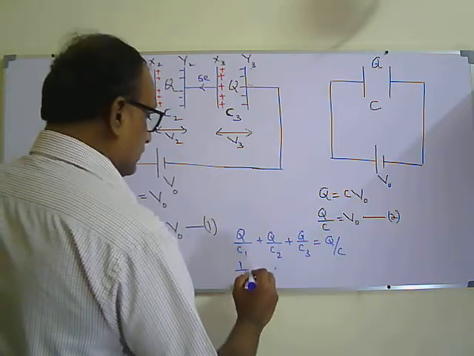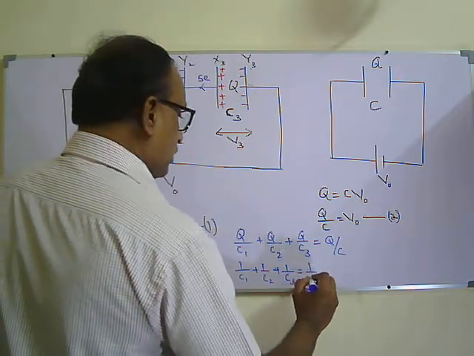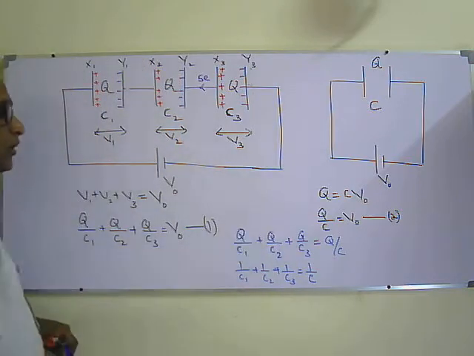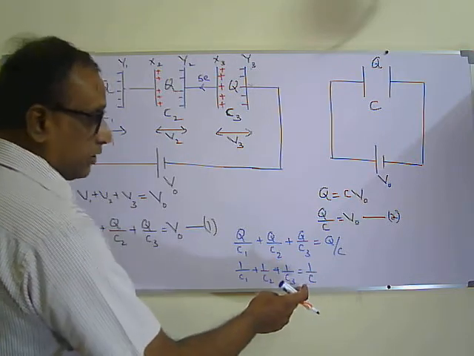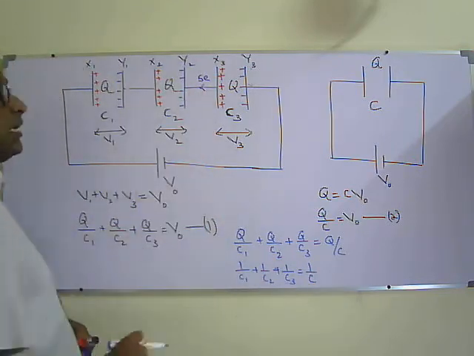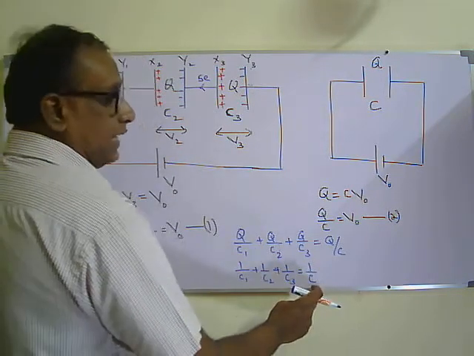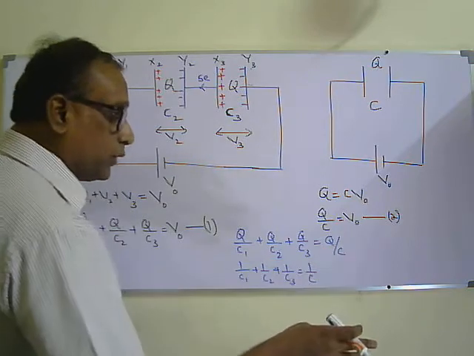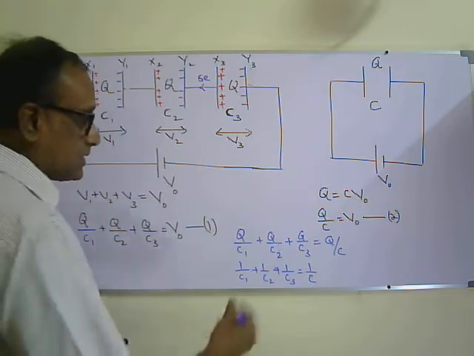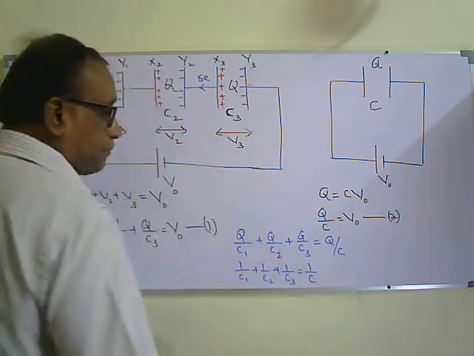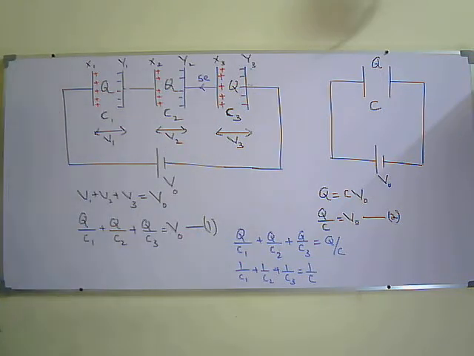So 1 over C1 plus 1 over C2 plus 1 over C3 is equal to 1 over C. So the reciprocal of the equivalent capacitance is equal to the sum of the reciprocals of the capacitances connected in series. Numerically, the value of C will be smaller than the smallest capacitance connected in series.